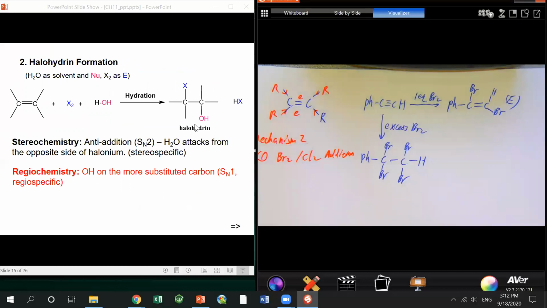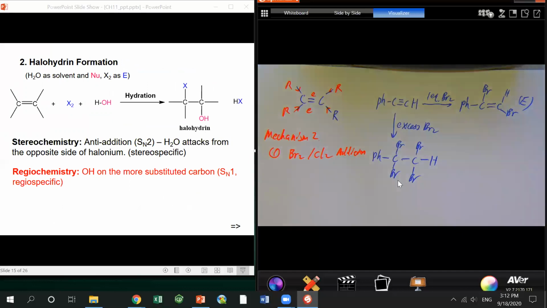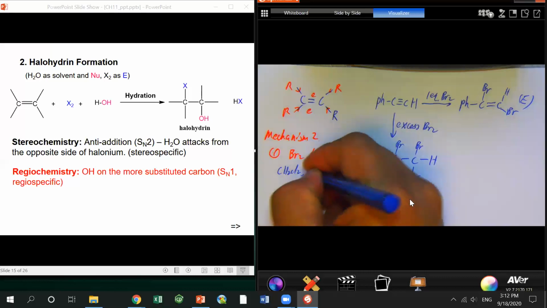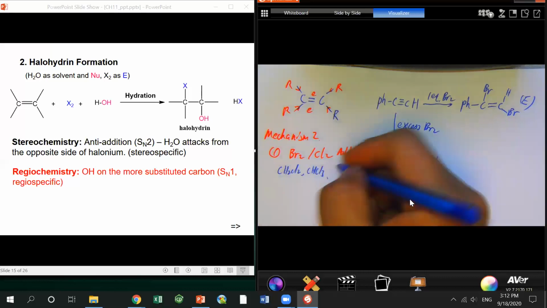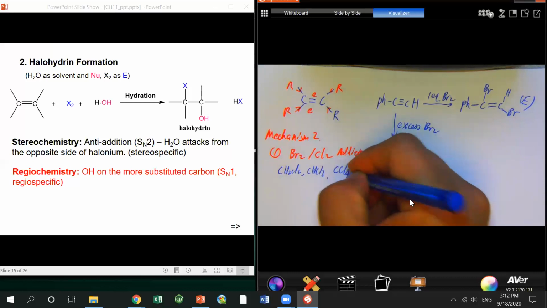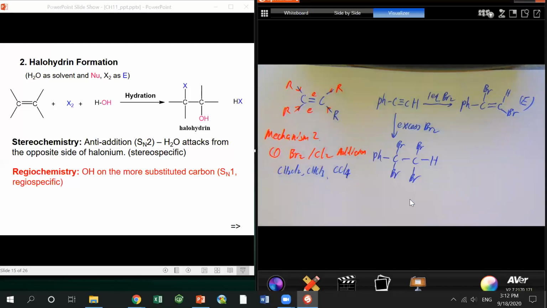When you do this reaction, normally you use some kind of inert solvent, one that doesn't react, for example methylene chloride, or chloroform, or carbon tetrachloride.